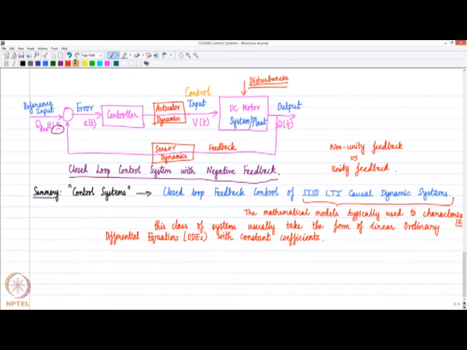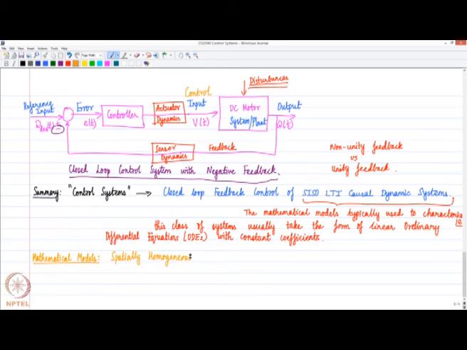And another important aspect is that the kind of mathematical models we are going to look at are what are called spatially homogeneous. That means that we do not consider variations of variables with space. So we only consider temporal variations of variables.